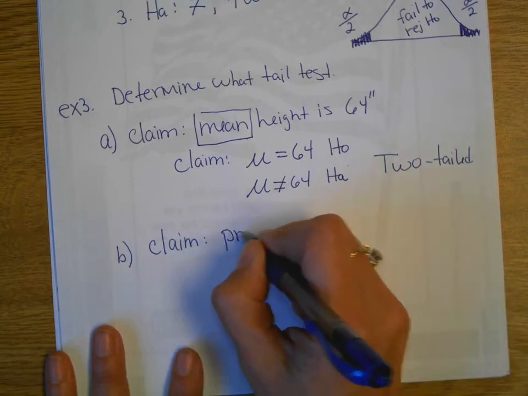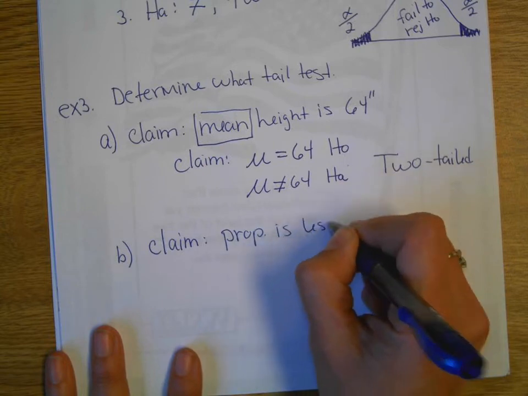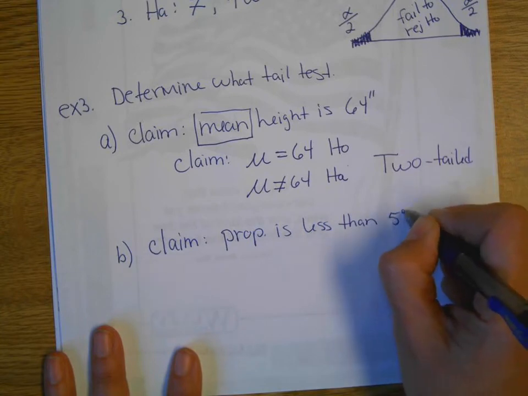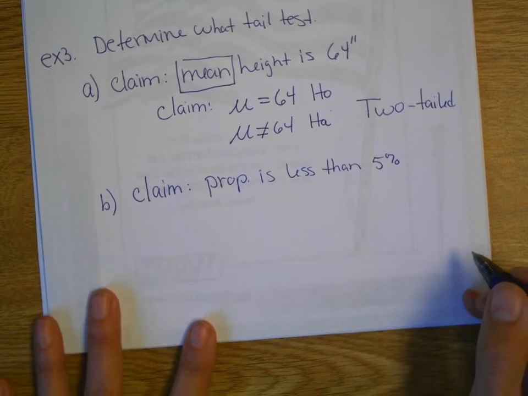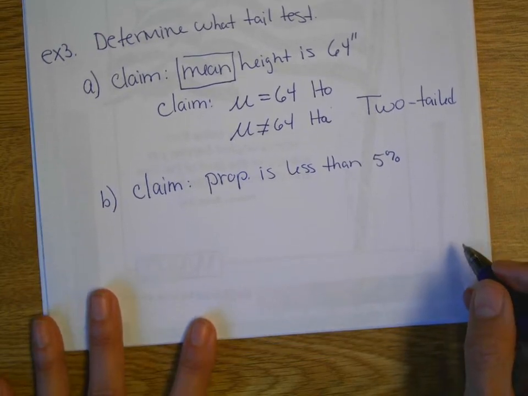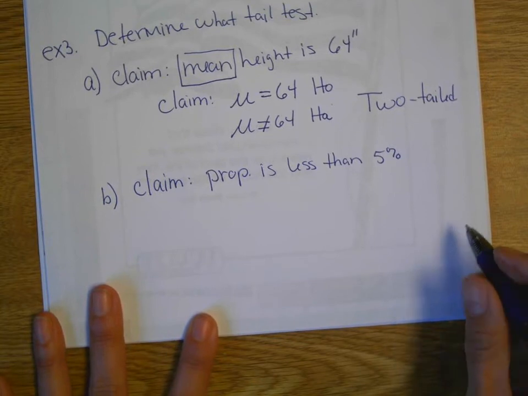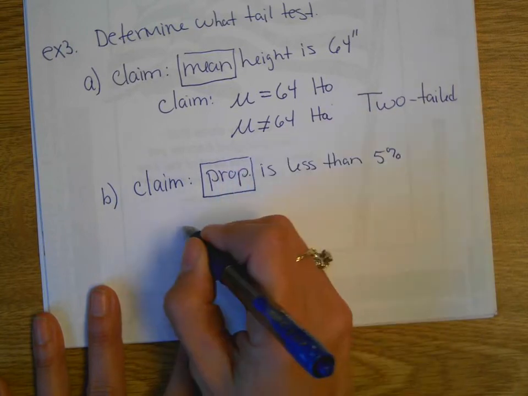Okay, proportion is less than 5%. Proportion's the symbol.